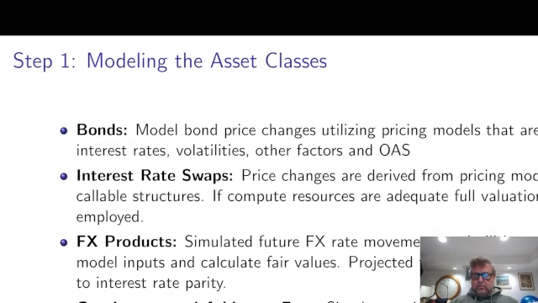But that's the ultimate goal, to have full valuations on the simulations. For FX products, you need to model the FX rates. And if you have options, the volatilities and pricing model inputs, and you calculate the fair values based on these model inputs.